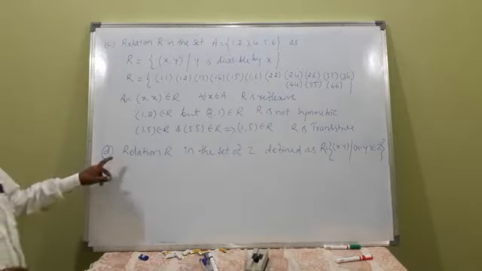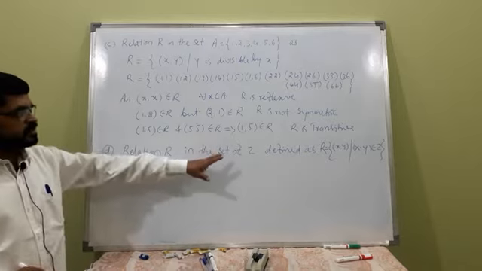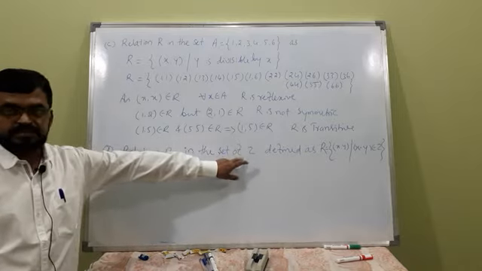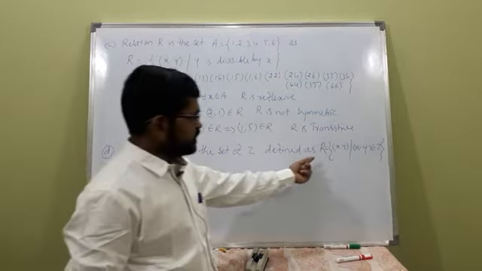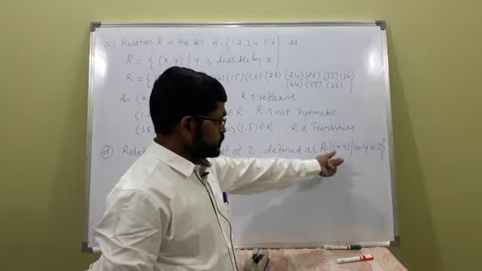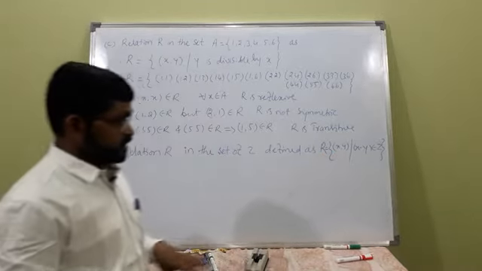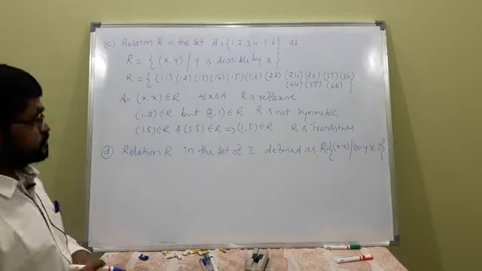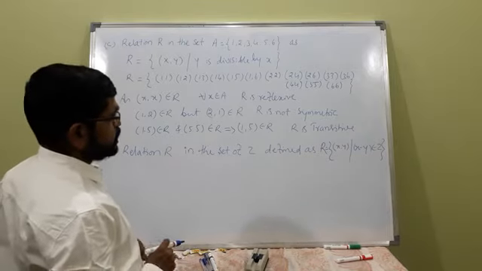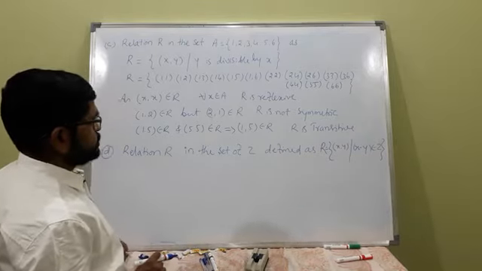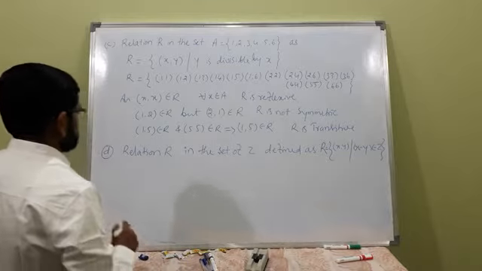Fourth one is relation R in the set of all integers. Z is the set of all integers, defined as R is equal to the set of all (x, y) such that x minus y belongs to Z. Okay.